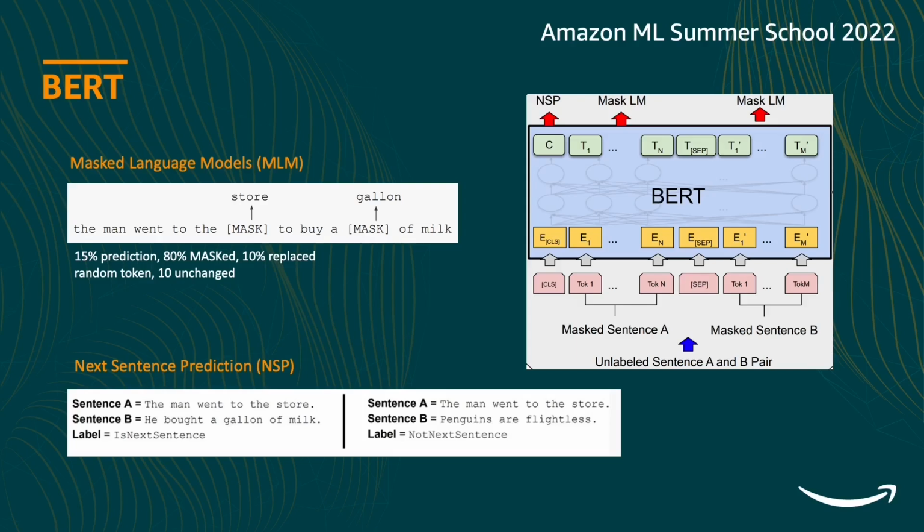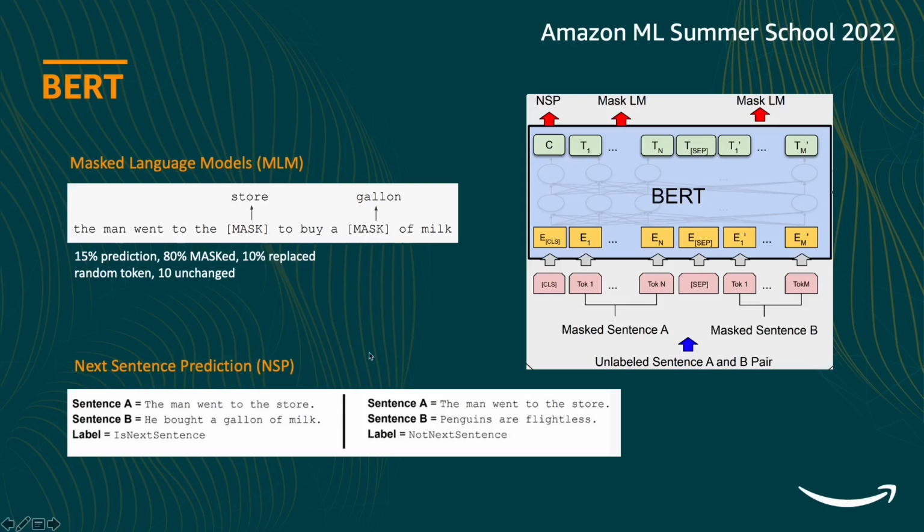So in order to train a model that understands sentence relationships as well, this next sentence prediction task is used. What we do here is that we make the model predict whether sentence B follows sentence A. And in our training dataset, 50% of the time the sentence B is chosen which actually follows the sentence A in our corpus, and the other 50% of the time the sentence B is chosen randomly.